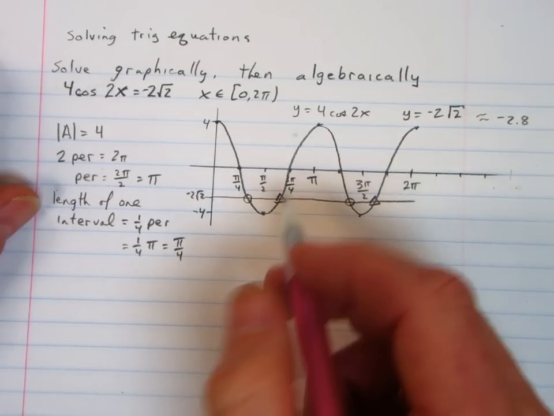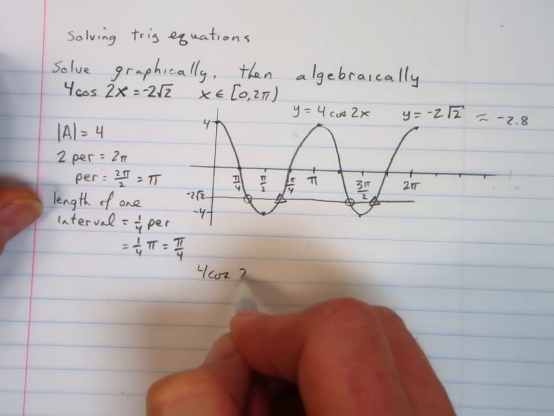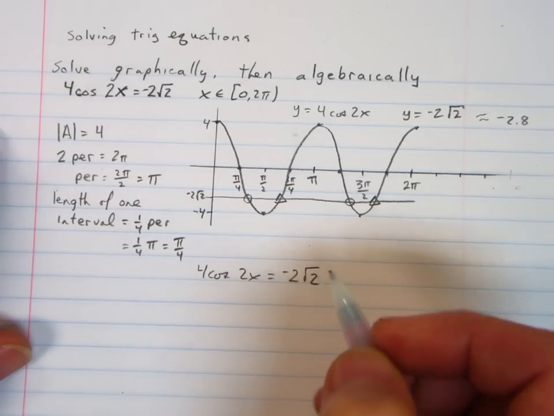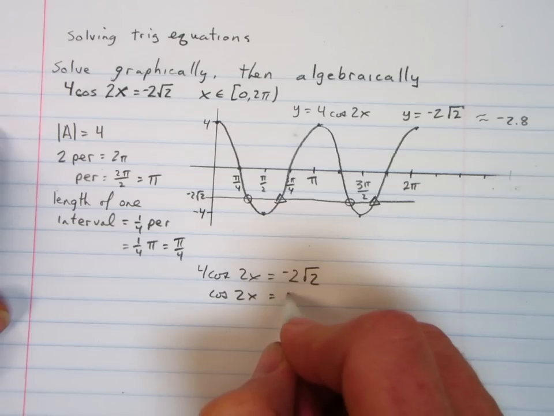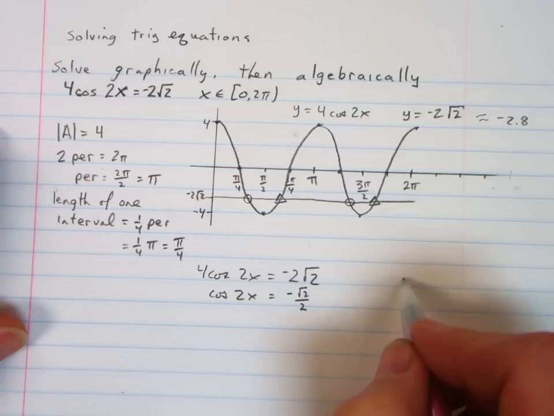Now let's solve it algebraically. First thing we'll do algebraically is take our 4 cosine 2x equals negative 2 square root of 2, and we'll divide by 4 to get cosine of 2x equals negative square root of 2 over 2 after I reduce. We draw our unit circle.